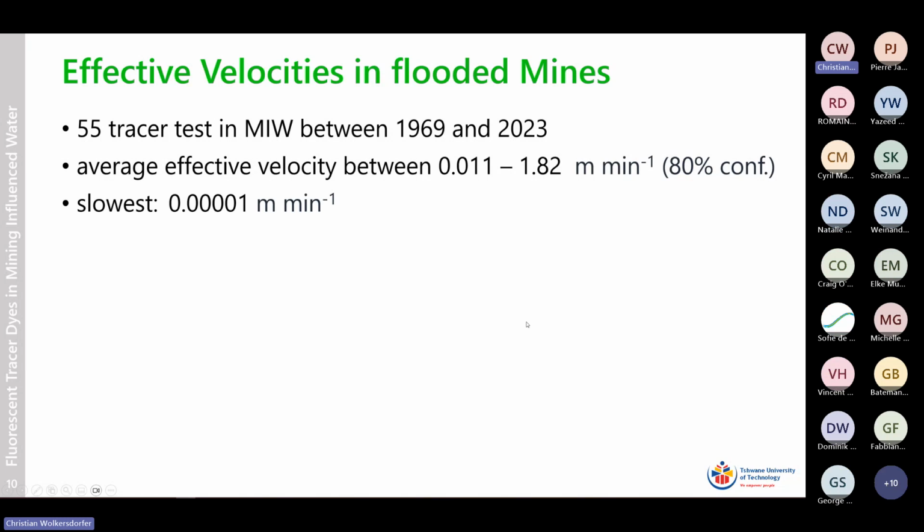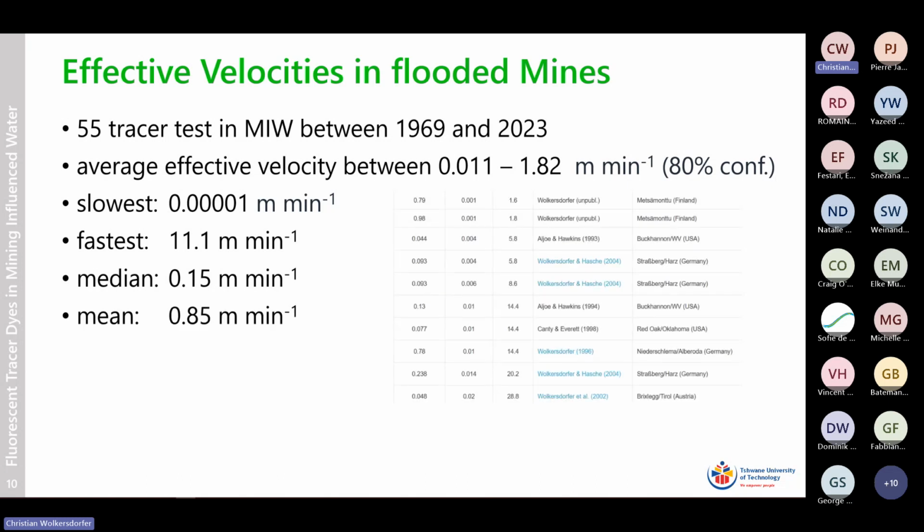The slowest one, I don't read it out, you can read it yourself. Very slow, water was basically standing. The fastest one, 11 meter per minute. So the water is really flowing through the mine. But the median is around 0.15 meter per minute and the mean value 0.85 meter per minute.